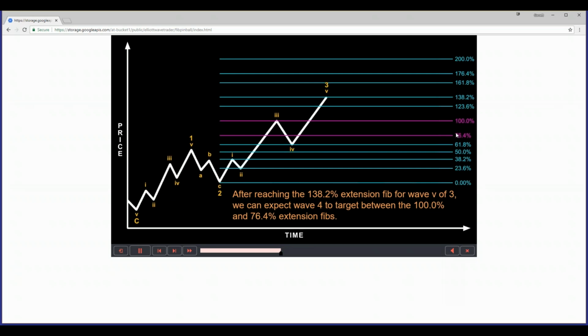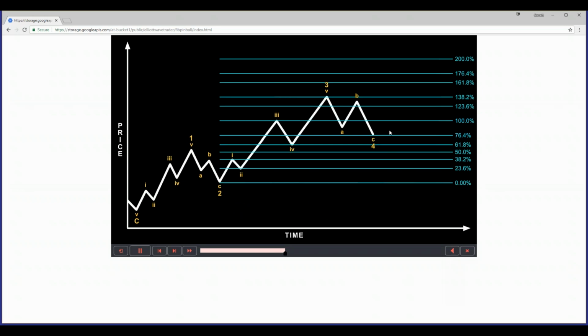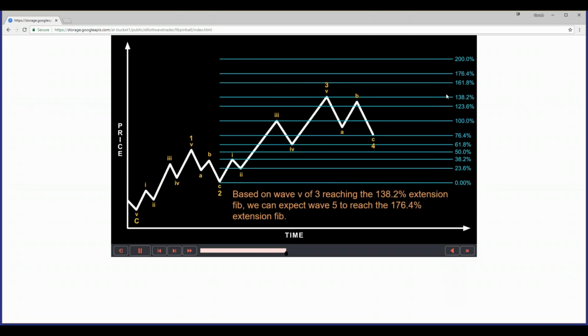That should hold between the 100 and the 764 next as our 4th wave. So once we believe that 4th wave has filled out into the target support and it holds the 100 or 764 extension, then we're looking for wave 5 of the impulse to target the 1764. So we should fill out 5 waves up into that fib target.